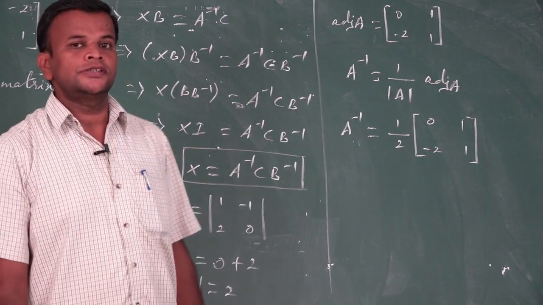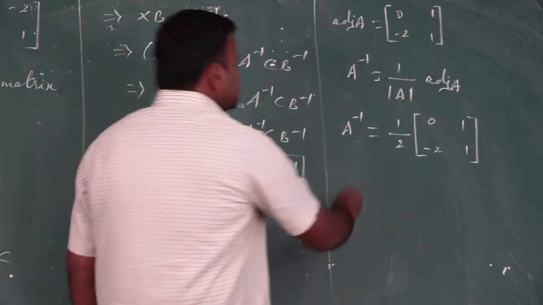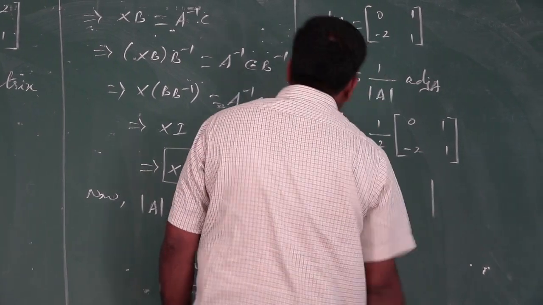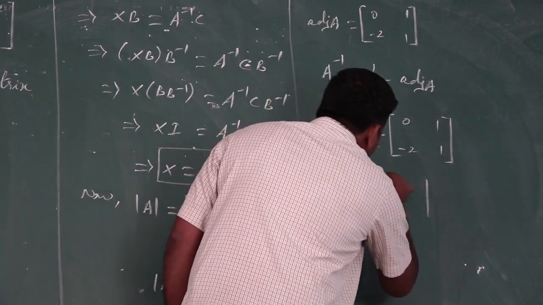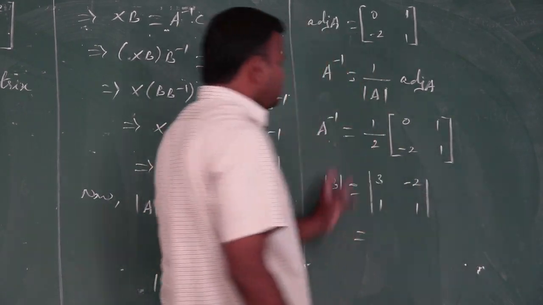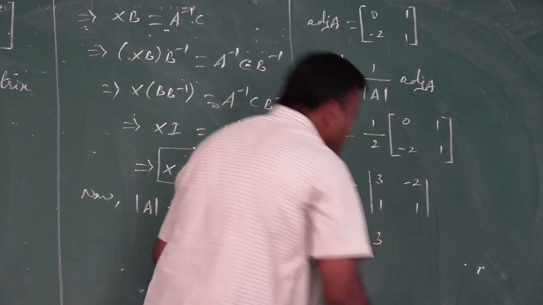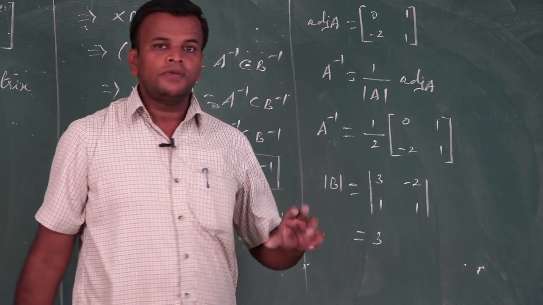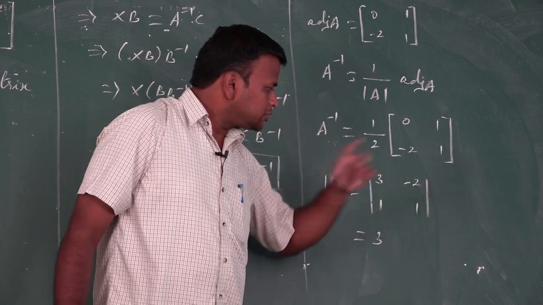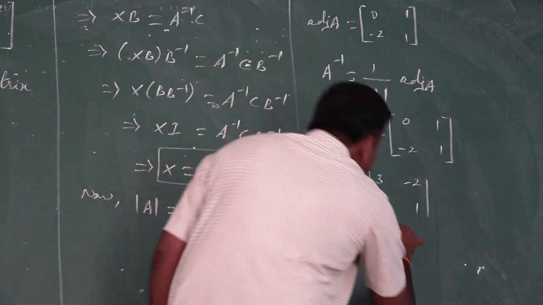The formula for B inverse is 1 by determinant B into adjoint B. So I find determinant B. Determinant symbol. The values of B are 3, minus 2, 1, 1. We multiply these two elements: 3 ones are 3. We multiply these two elements with a minus sign. So 1 into minus 2 is minus 2. We multiply one more minus, so minus with minus is plus, so plus 2.